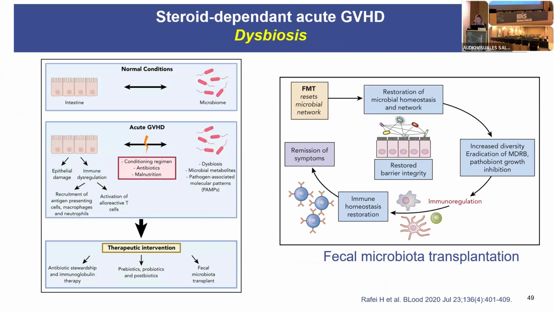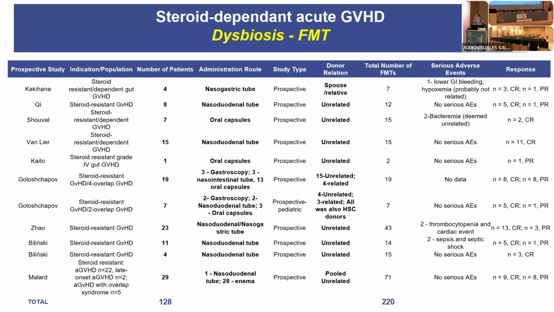I will just go quickly through my last few slides just to mention the importance of dysbiosis, because I'm sure that you all know about it. We have data that this is an important contributor to acute GvHD and all the outcomes. We also have data on manipulation of dysbiosis with fecal microbiota transplantation as a third or later line of treatment.